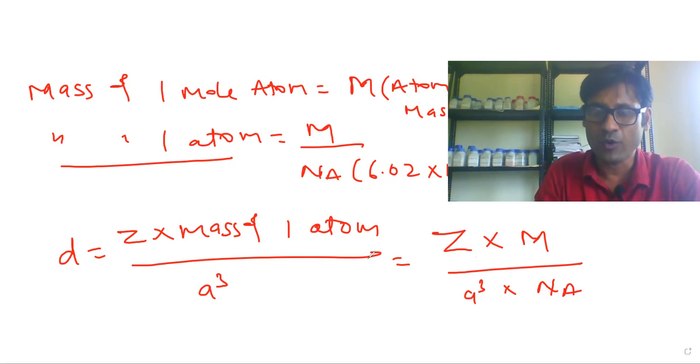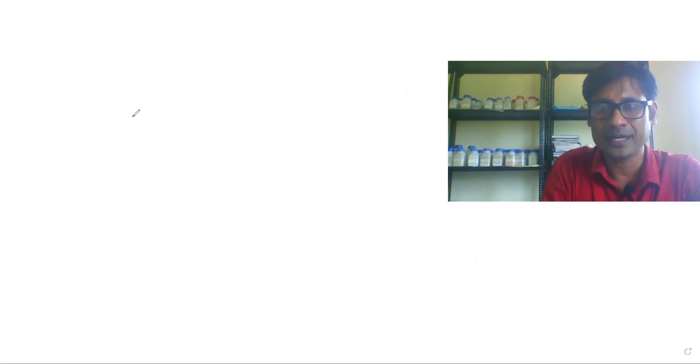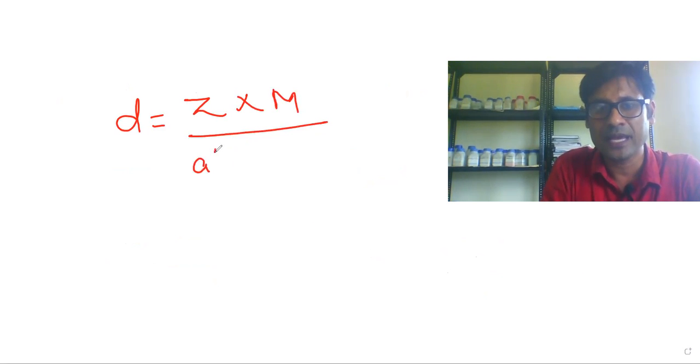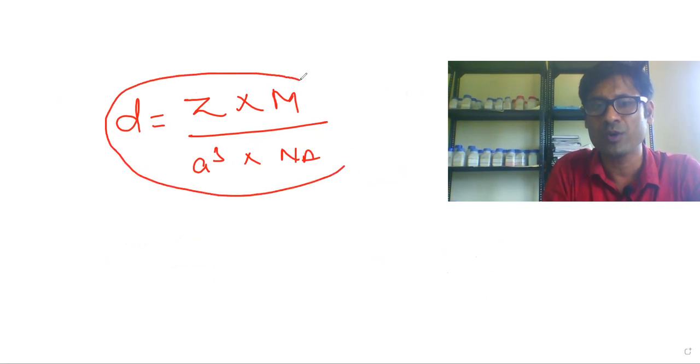This is the formula of density. Then the final formula of the density is D is equal to Z into M upon a cube into Na. This is the final formula of density.